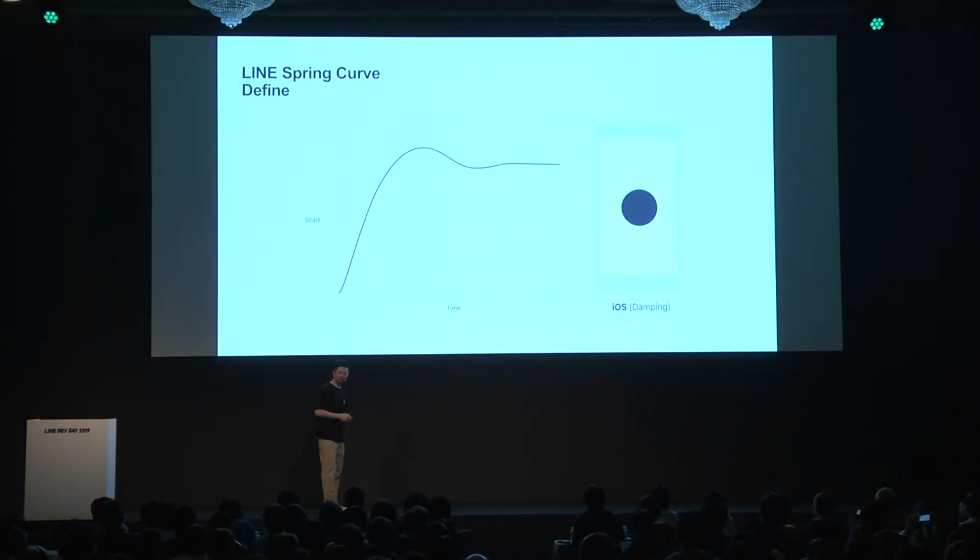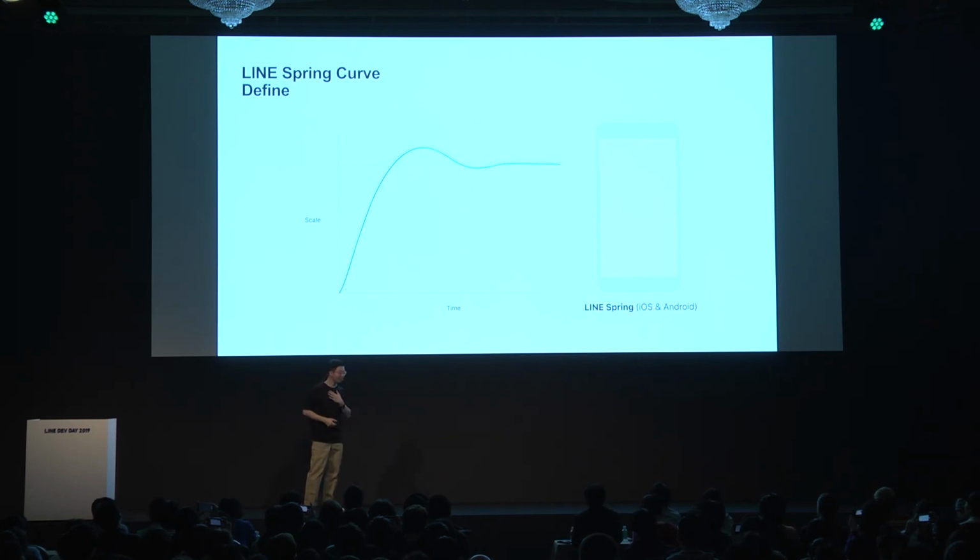And one achievement from the Line interaction design guideline is something like this. We are always seeking to make the curve beautiful, the perfect animation curve. In iOS, there is spring with damping, the syntax. And in Android, there is the overshoot interpolator. But those two values are slightly different.